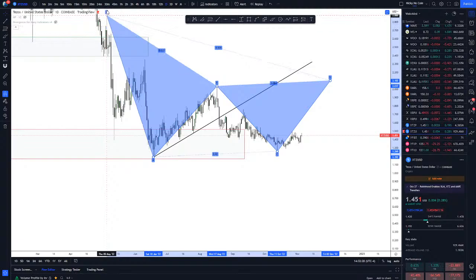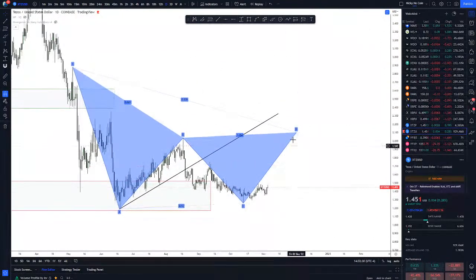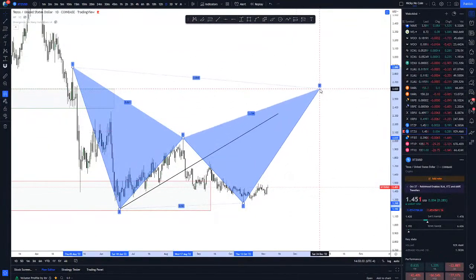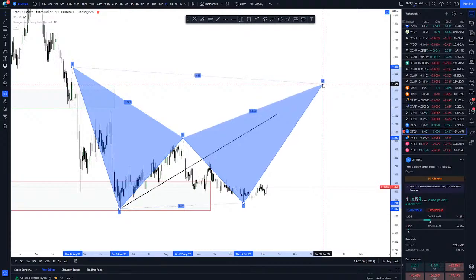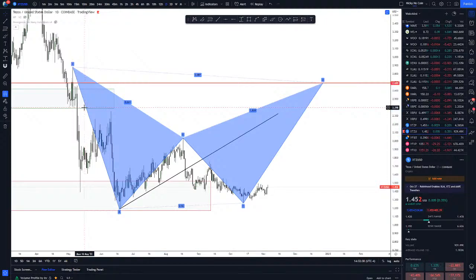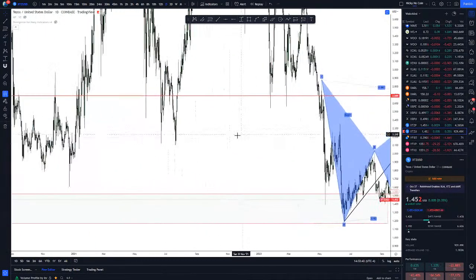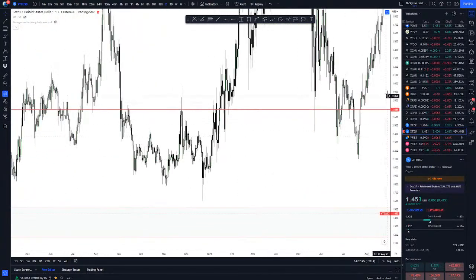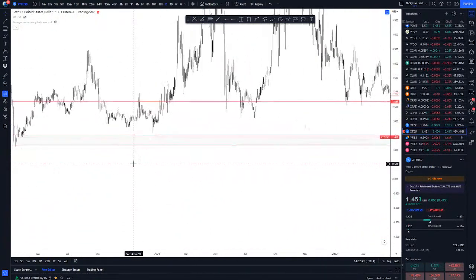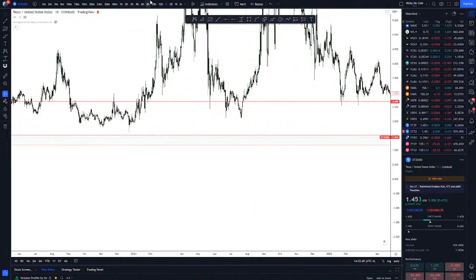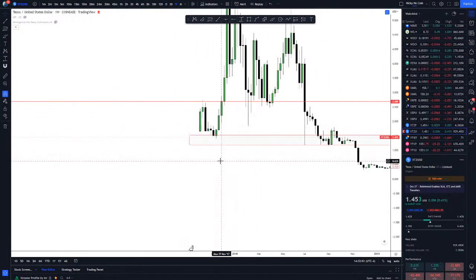I mean, you could even play it up here, which is probably a bat, which would take us way up here. And this would be a massive area to short, like right here. Like lines up perfectly on the daily when you zoom out. Let's go to the weekly. It's probably a weekly level.